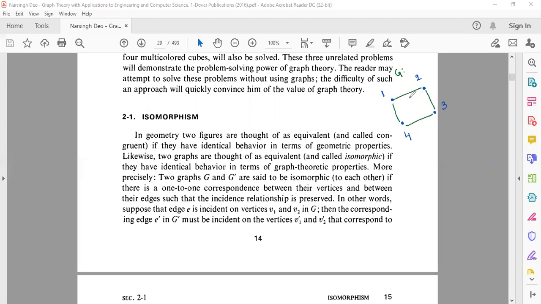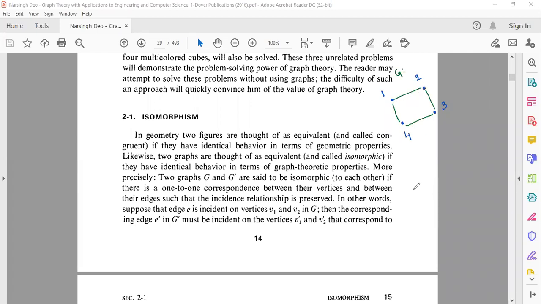But if I put arrowheads, if I show the movement of making the edges from one vertex to the other, then this direction is very important, and those graphs are called directed graphs. All the properties of undirected graphs can be carried forward to the study of directed graphs. So right now, I'm not going to consider directed graphs. I'm going to stick to undirected graphs only.